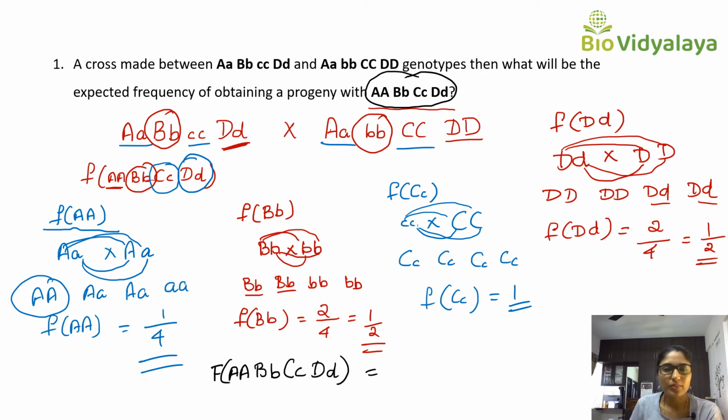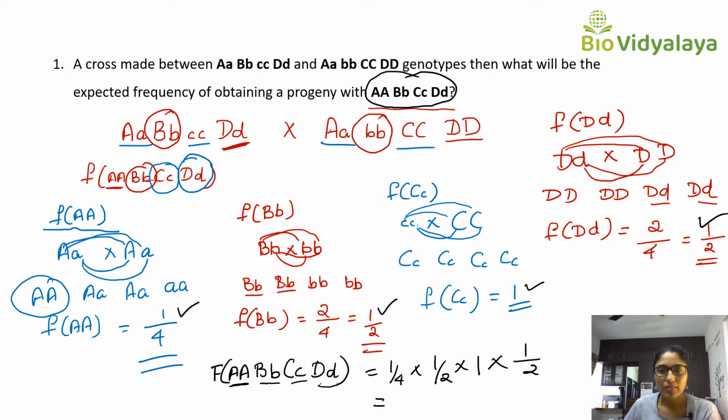The frequency of capital A is 1 by 4, into capital B, small b, 1 by 2, into capital C, small c, 1, into capital D, small d, 1 by 2.